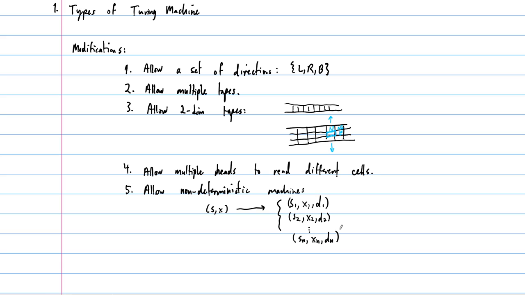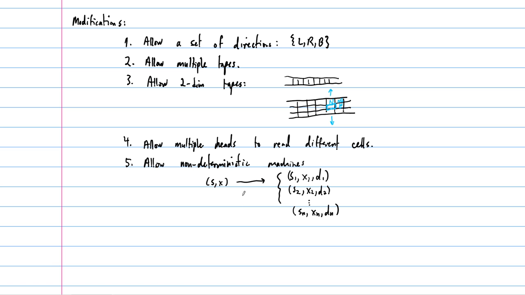So for non-deterministic machines, the transition rules do not form a single function. They would be like a function with multiple outputs, which of course we know is not a function, but this is a modification that is made in practice, and this one's done frequently in practice.